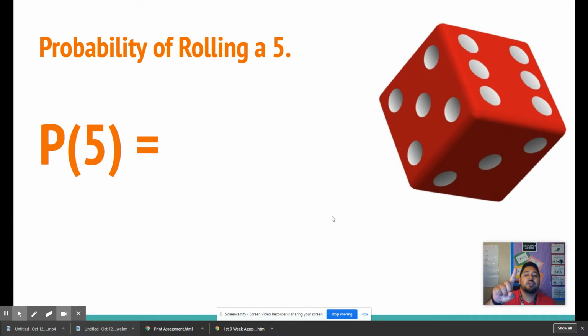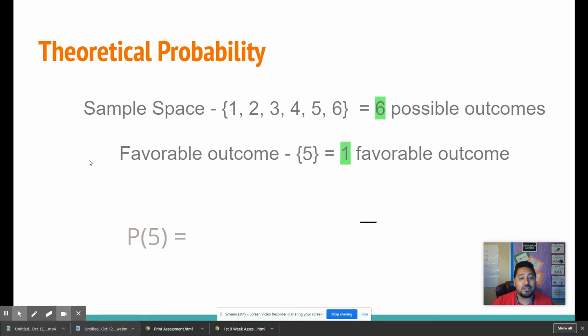So I could roll a 1, a 2, a 3, a 4, a 5, and a 6. So there are 6 possible outcomes, all right? And rolling a 5 is one of those possibilities. So a favorable event, because it says probability of rolling a 5, that event is 1 out of all possible outcomes, which is 6.